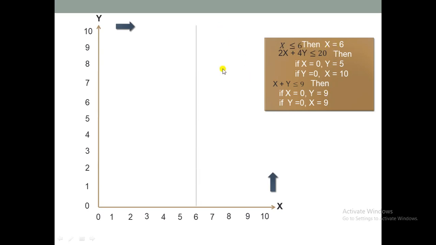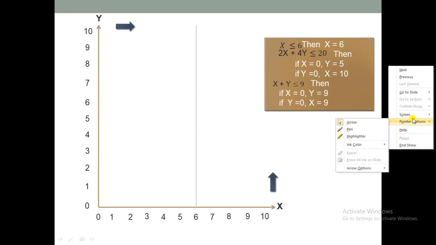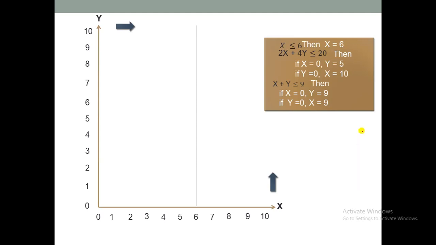So this line is going to be exactly a vertical line, because x equal to 6 means parallel to y, and at this juncture of 6 this line is going to be there. This line is for x less than or equal to 6. As x is less than 6, all the values of x must be less than 6.